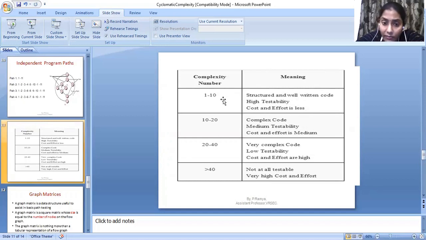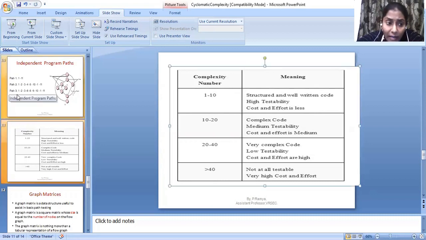Why is this cost and effort less? Because if the cyclomatic complexity is more, you have to correct the code several times. So that means the cost of the project will be increased, right? So in this particular example, we got the cyclomatic complexity as 4. So 4 means the code given out by the developer is a very structured and very well written code.